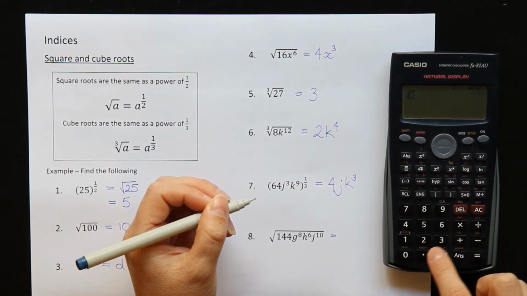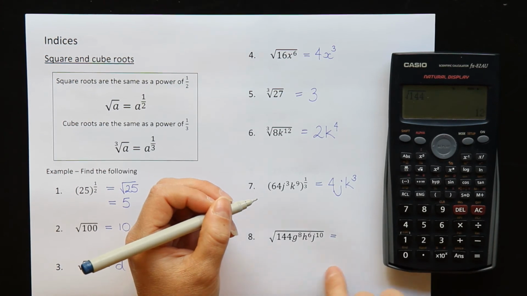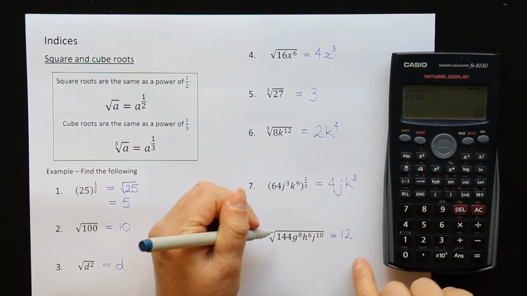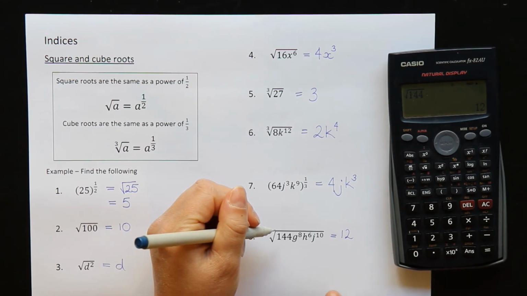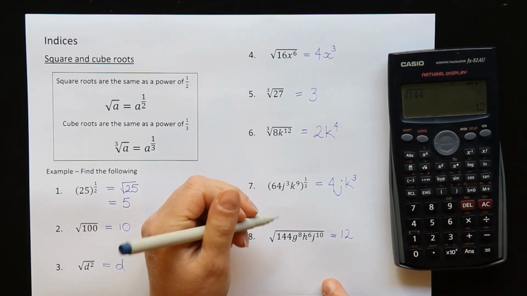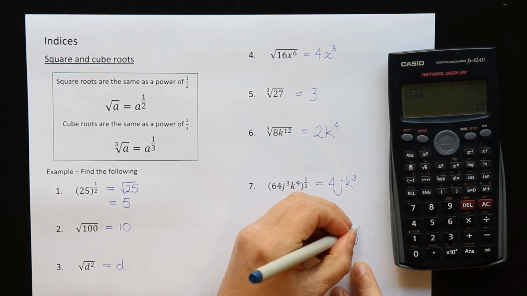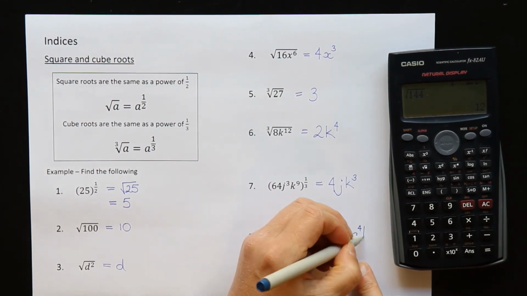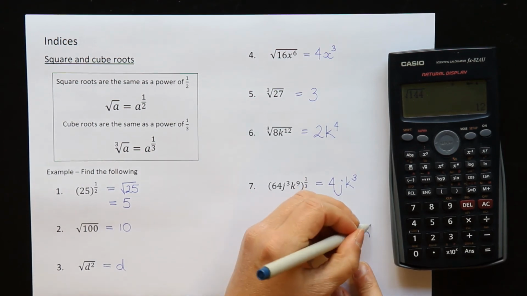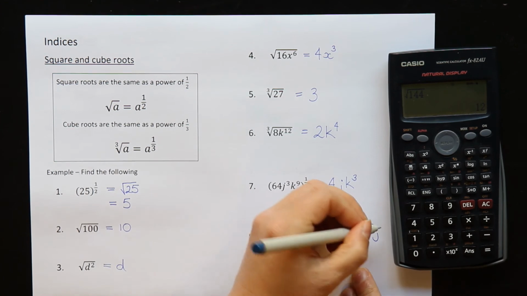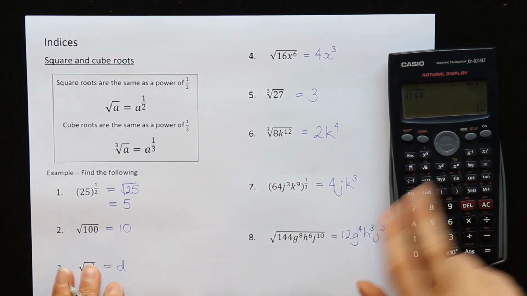So, since we're using the calculator, square root of 144 is 12. And because it's a square root, we divide, do you remember? We divide our powers by 2. So it'll be g to the power of 4, h to the power of 3, and j to the power of 10 divided by 2 is 5. And there it is.